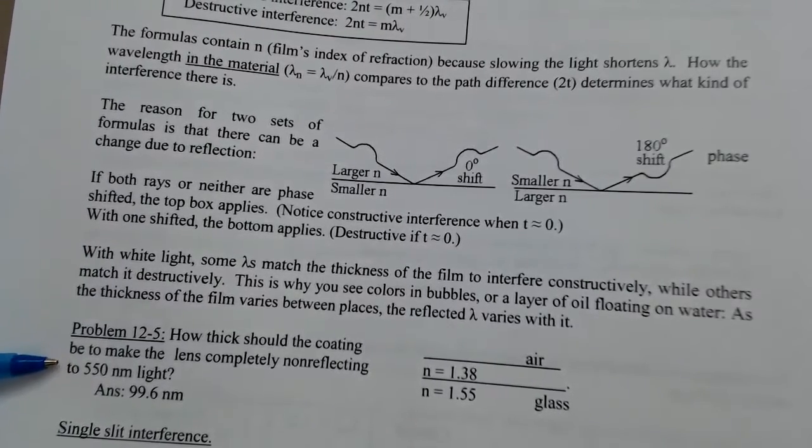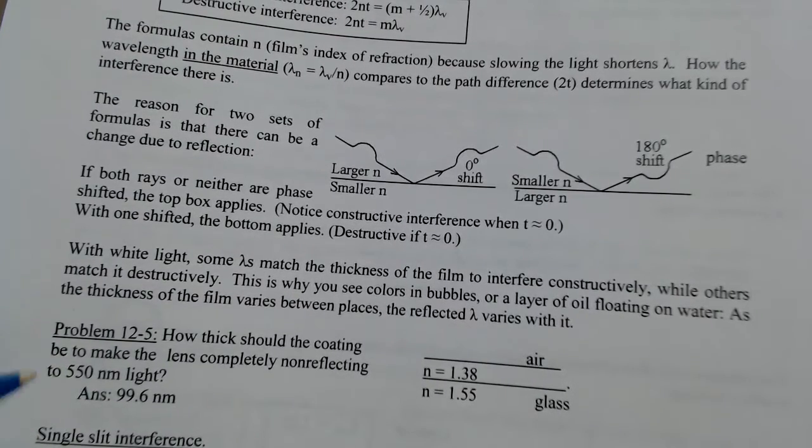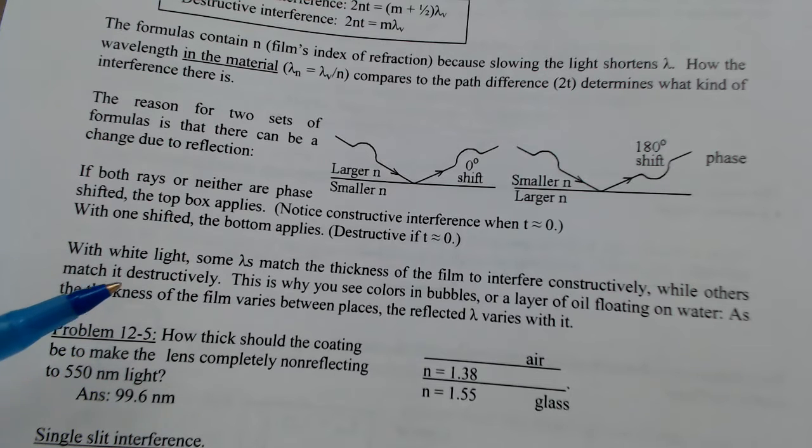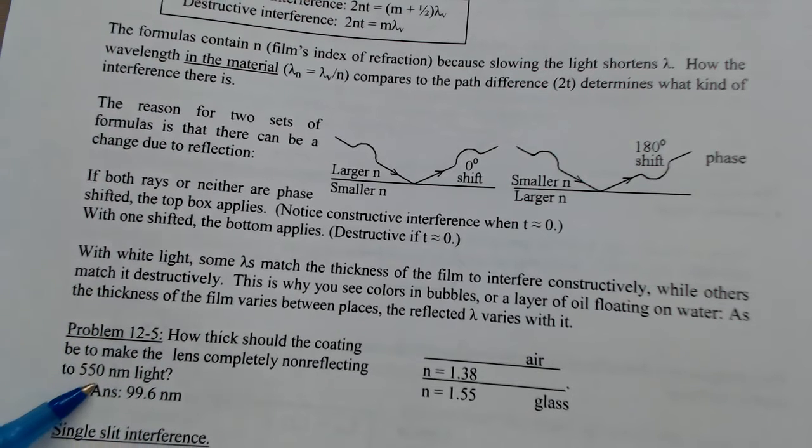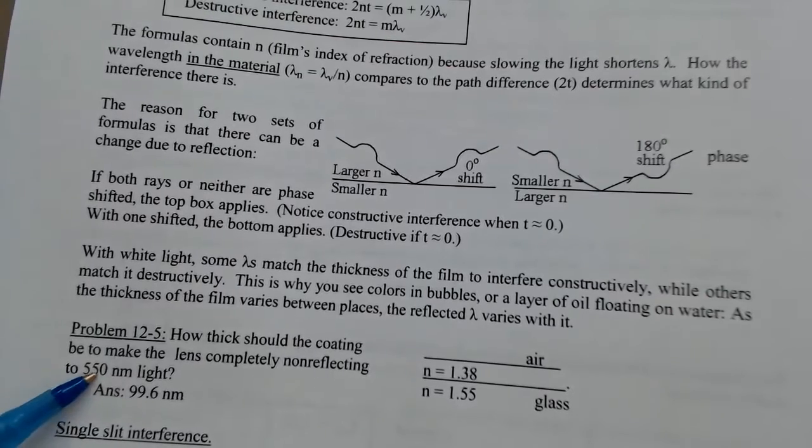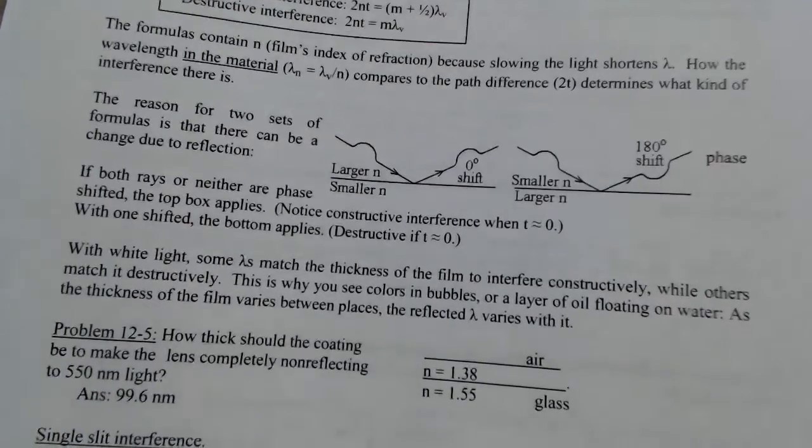So now here's a problem. This would be a non-reflective lens, and it's asking you how thick the coating should be, if this is the wavelength you want to have it be completely non-reflective for.